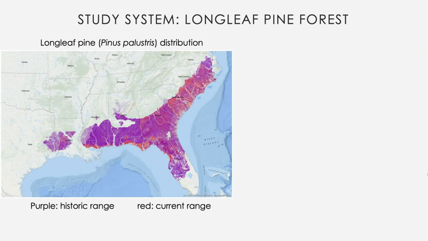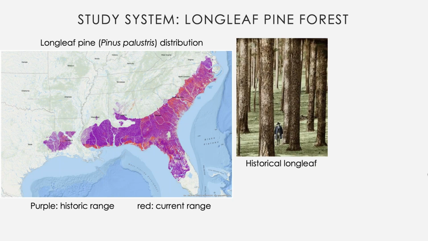And so the study system that we're interested in terms of impacts is this longleaf pine, Pinus palustris, forest or savanna system, and this was the dominant ecosystem type throughout much of the southeastern United States historically. You see that range in purple there, and it's now limited to less than 3% of its historic range due to a combination of factors, including land use change and agriculture, as well as invasive species and other factors.